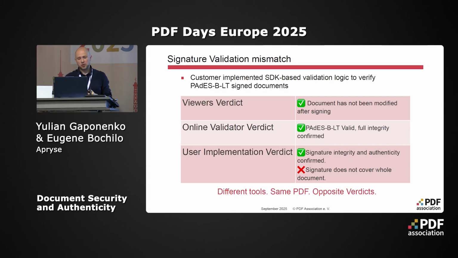But in their solution, they see that while the signature is cryptographically solid, there is this flag that I mentioned before, that the signature doesn't cover the whole document. They interpreted that as a mark that something goes wrong, that the signature is not in fact valid, and this created quite some confusion.